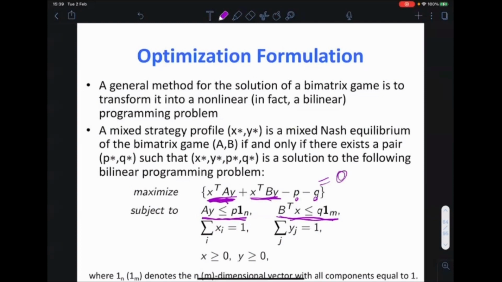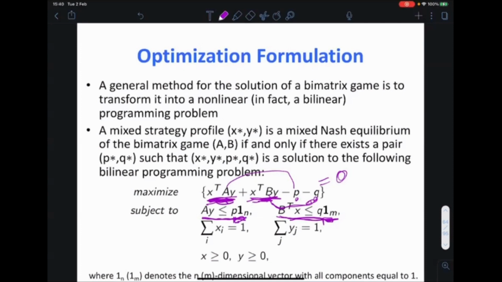You want to achieve this when this equals this and that equals that. Because these are upper bounds, x transpose A y would always be lower than P, and this would always be lower than Q. Of course, you want to maximize it. Therefore, the best achievable one is basically 0.